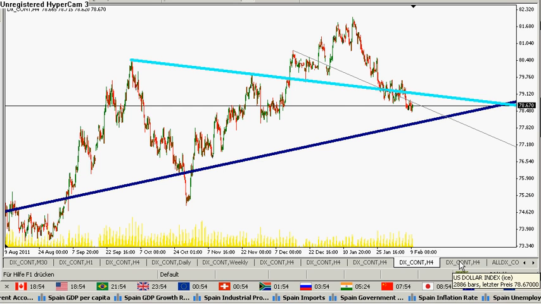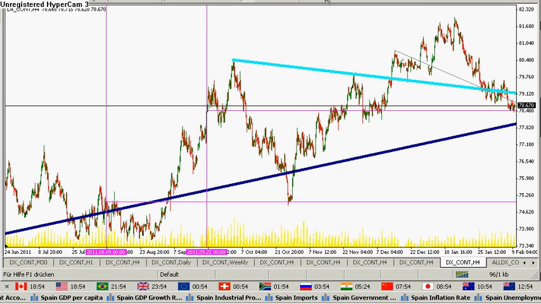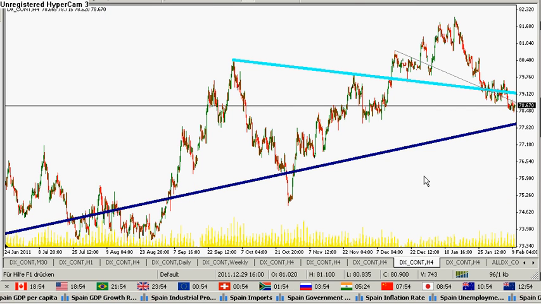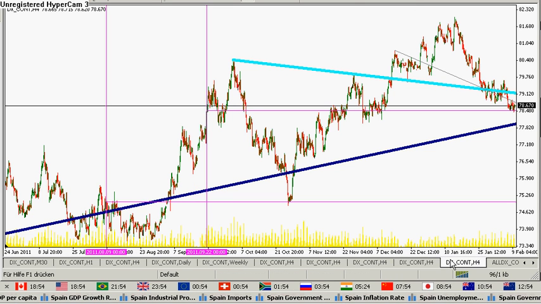To put this all in a context, I'm creating here two lines again. To put this all in a context from outside impacts, not technically, much more from the Fed or of course the ratings.